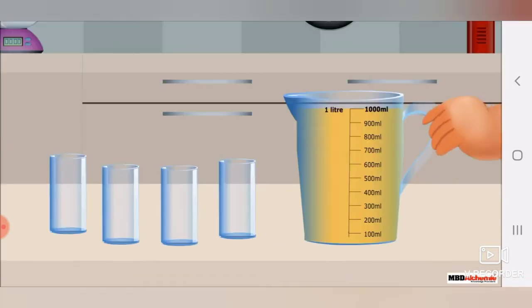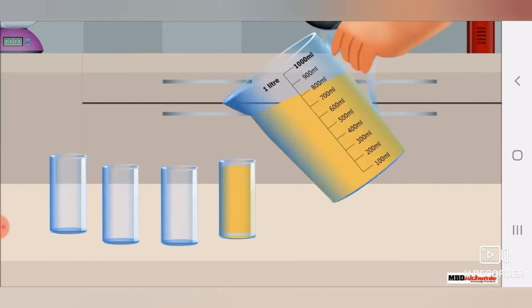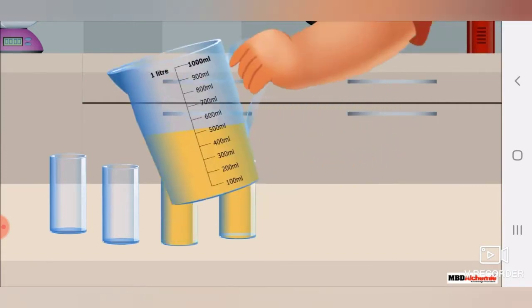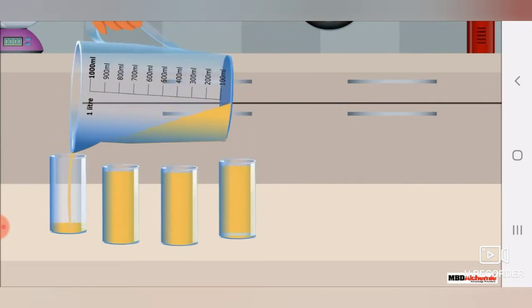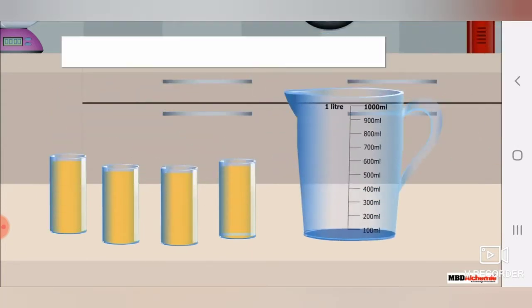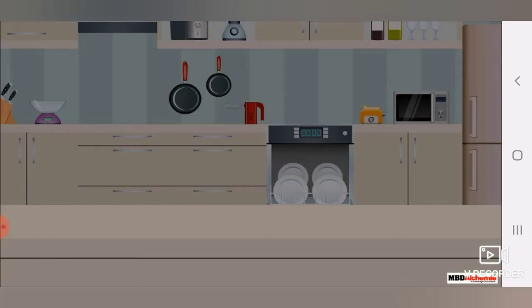Now, he pours this juice to 4 glasses of 250 milliliters. That means 1 liter is equal to 250 milliliters plus 250 milliliters plus 250 milliliters plus 250 milliliters.